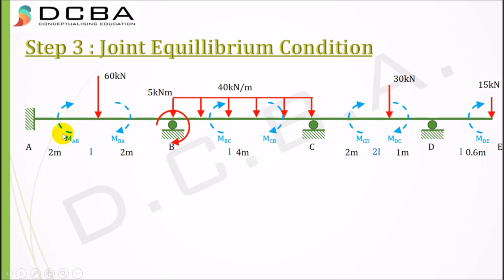Okay, now once we have shown all the resistive moments in blue color, we have one question: what are they resisting basically? Like this MAB, what is it resisting? It's a resistive moment, so of course it has to resist a force. For example, if I give a vertical force downwards and I want to resist it, I have to provide a vertical force upward, right?